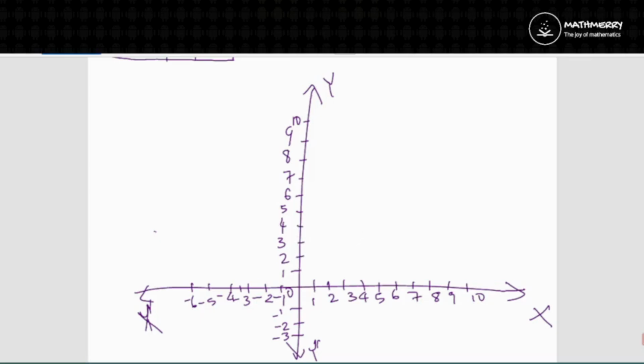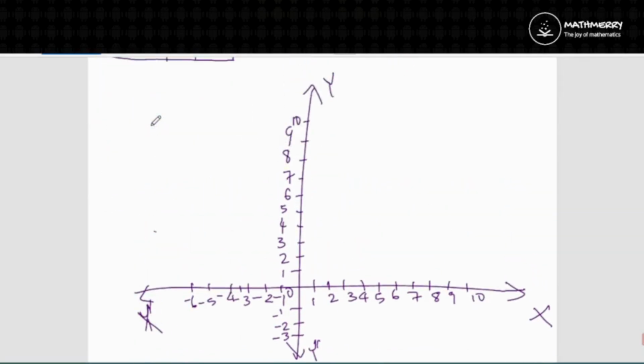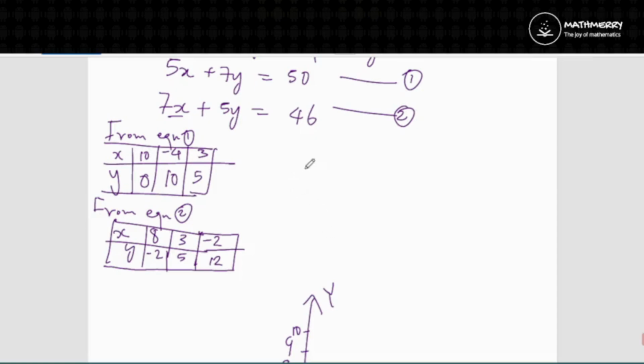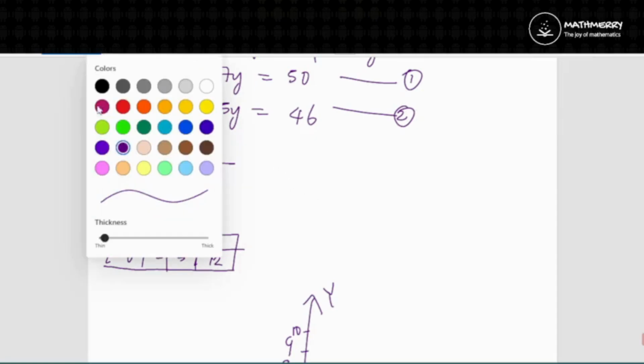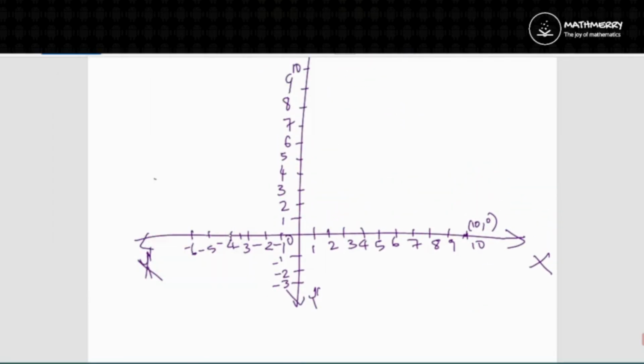Okay, here our first point 10, 0. It will come here. Here is our 10, 0. And our next point is minus 4, 10. Minus 4, 10 will come. Minus 4 is here.